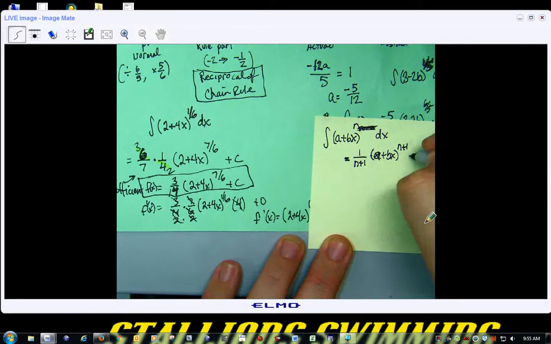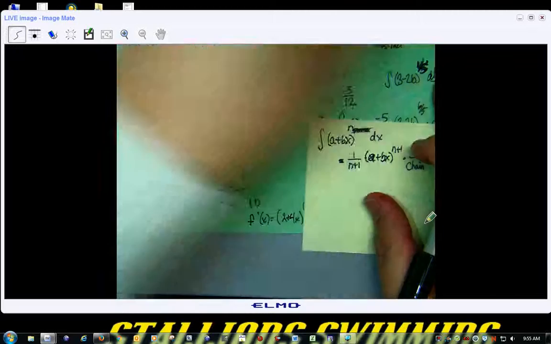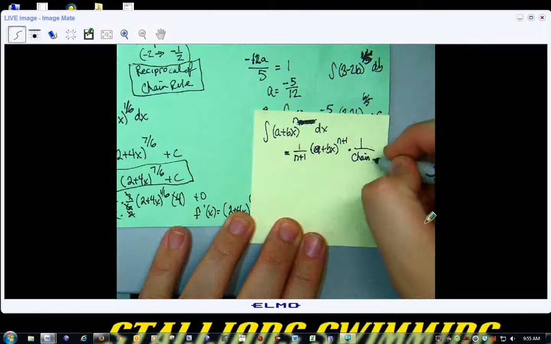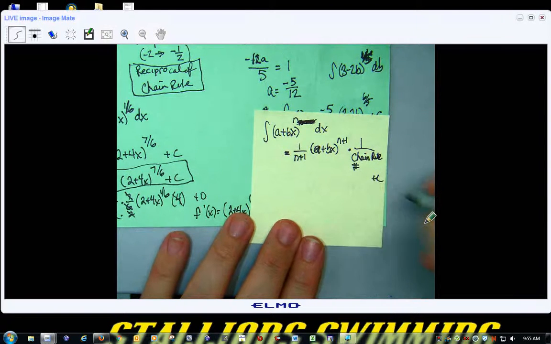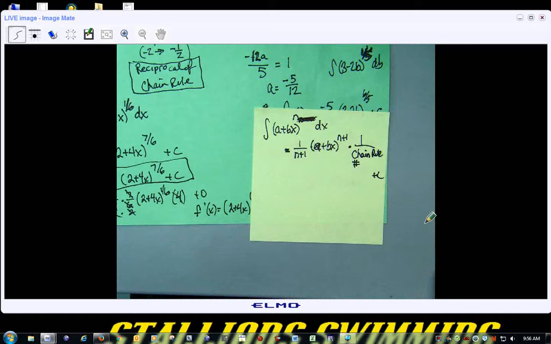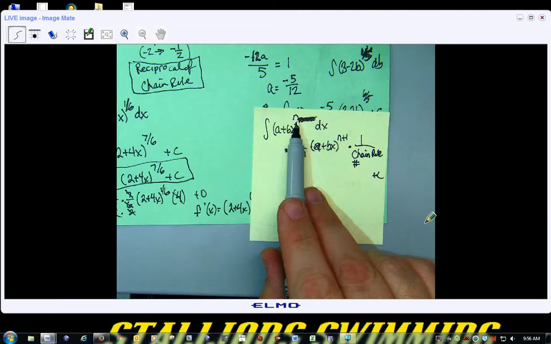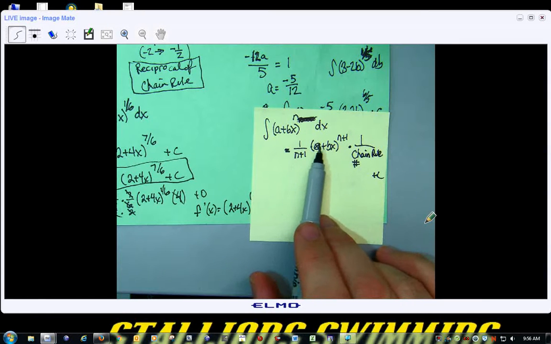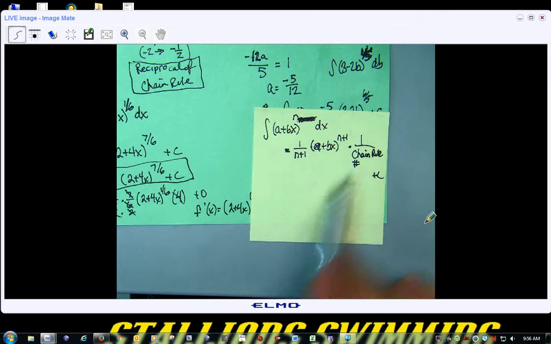So to kind of summarize it, and I ran out of sticky note. If you have a plus bx to the nth power, use the power rule. But then we have to multiply it by 1 over the chain rule coefficient. Now, notice what power x has.